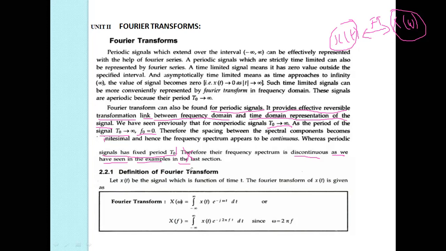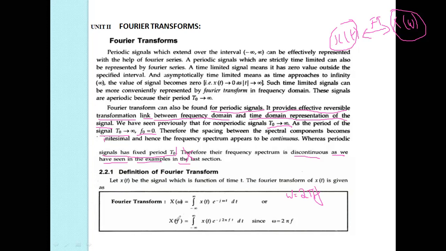Now coming to the definition of the Fourier transformation, we have already seen X of omega is equal to the integral from minus infinity to infinity of x of t e power minus j omega t dt. Or you can substitute in terms of the frequency, where omega is equal to 2 pi f.